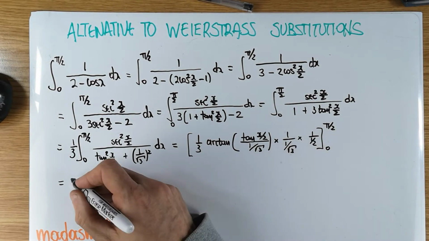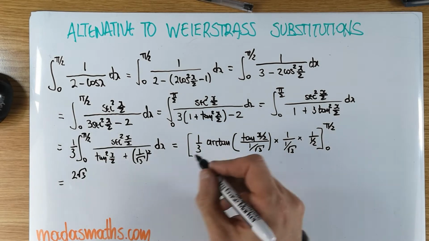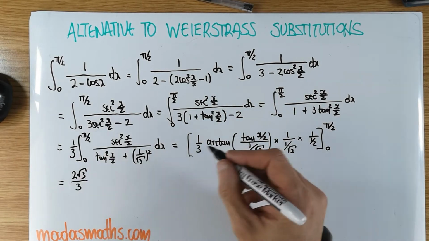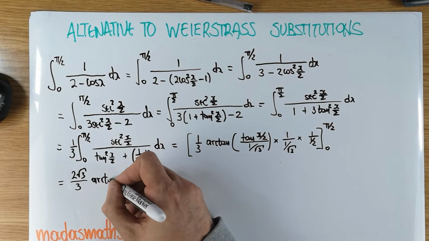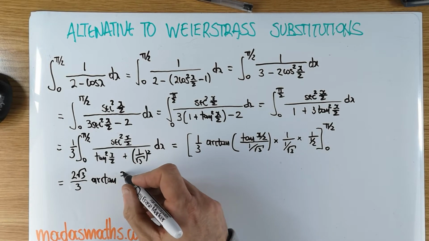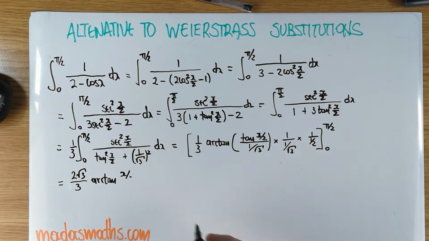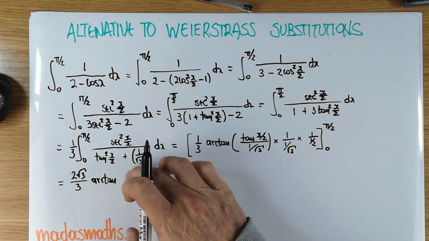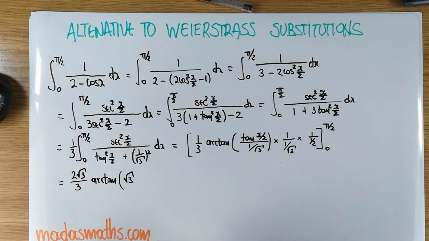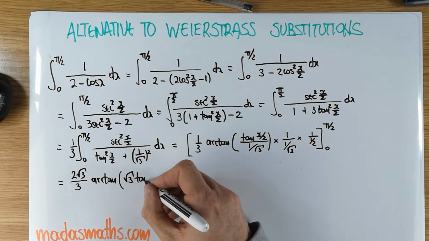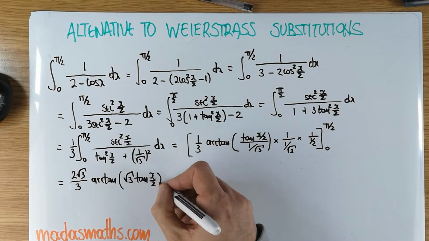That's from these two bits here. 2 root 3 divided by 3. That's this bit here. And now we have, of course, the arctan of the x over 2. Oops, I should have written that differently as well, because that's 1 over root 3. So we can write it as the arctan of the square root of 3 tan of x over 2.